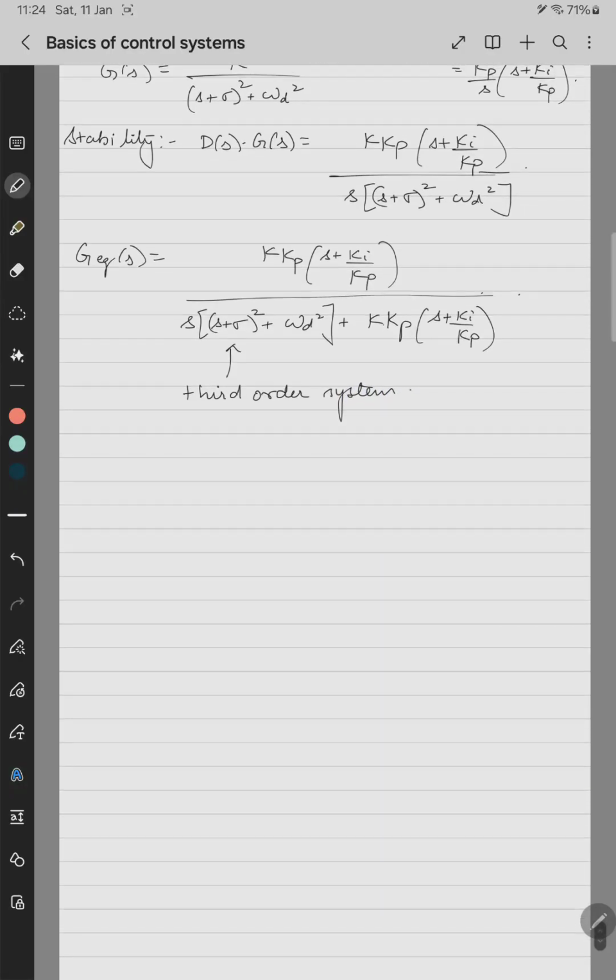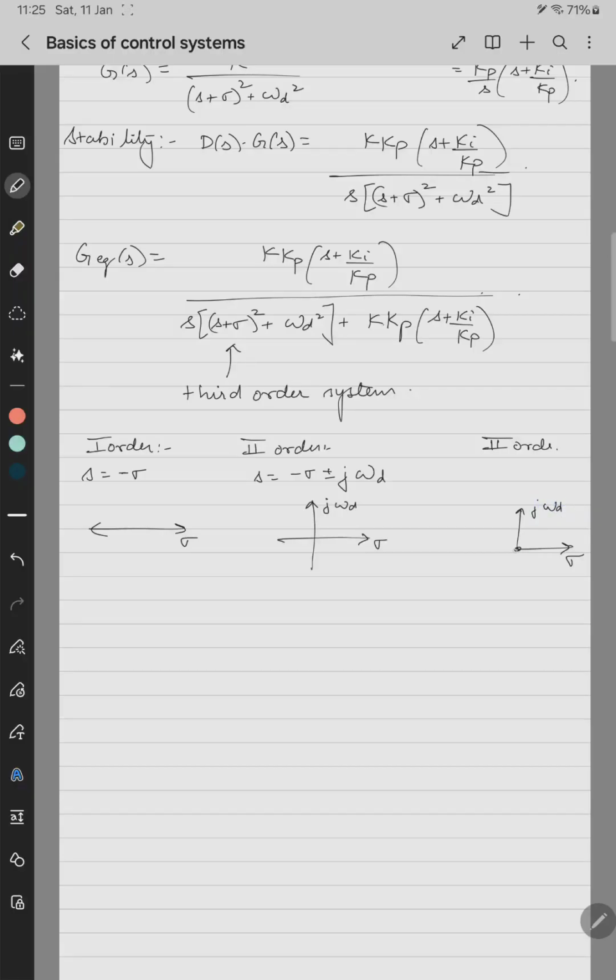A first order system is nothing but S equals minus sigma. A second order system will be S equals minus sigma plus minus J omega D, in a plane with sigma and J omega D axes. What will be the third order system? It will be in 3D, with sigma, J omega D, and one more coordinate as Z hat.